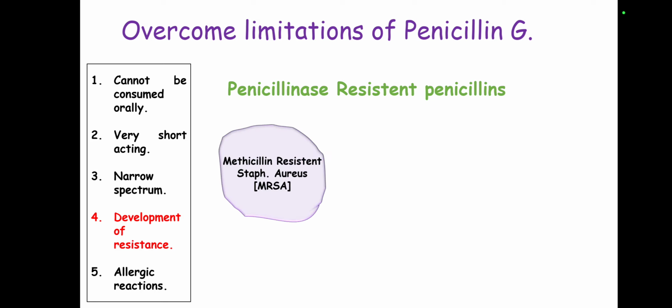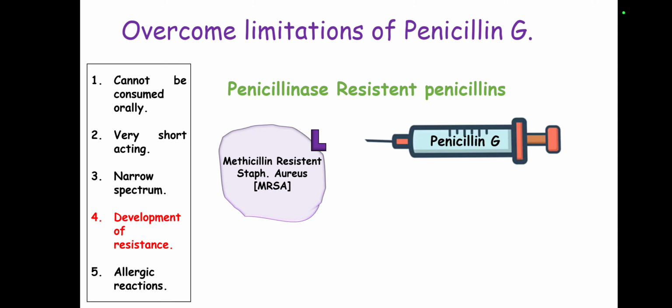Now, the special point to remember for MRSA is that the resistance to methicillin occurs mainly because of alteration in penicillin binding protein. Okay, see, normally there is a penicillin binding protein present on the surface of the bacteria, and whenever we give penicillins, the penicillin will bind with the penicillin binding protein and inhibit the bacteria.